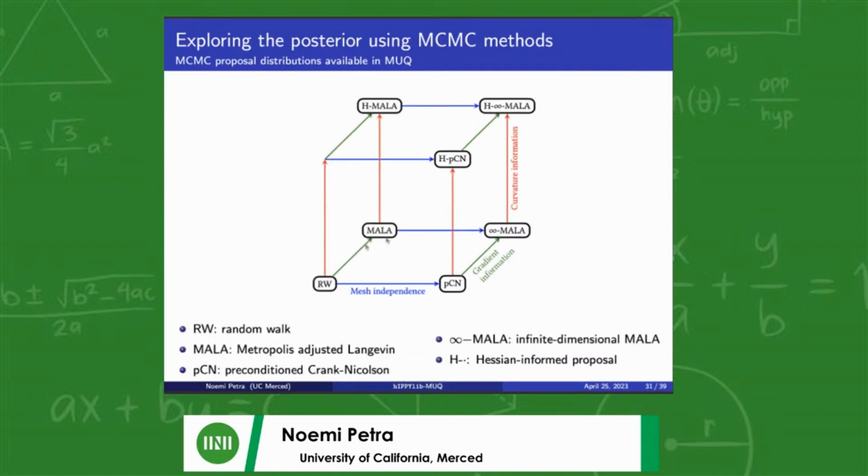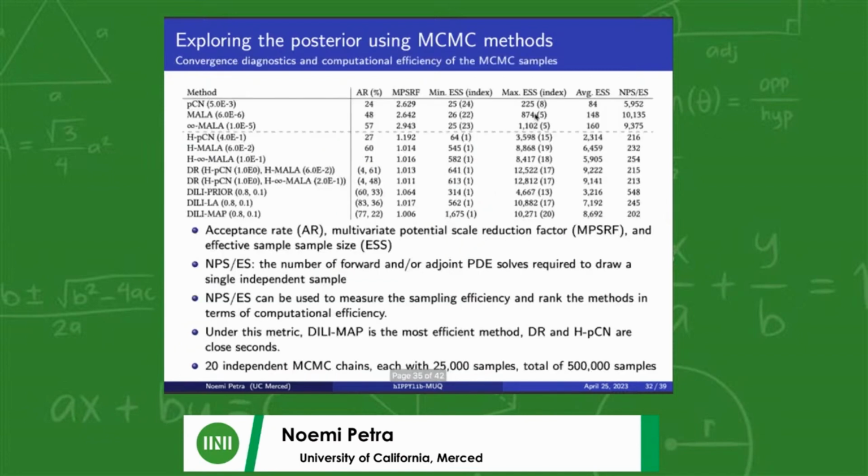Okay, just to define, this is random walk. We are looking at Metropolis-adjusted Langevin, preconditioned Crank-Nicolson, and the Hessian-informed variants of pCN and MALA and all that. And this is one of the big ones we have spent quite a lot of time on.